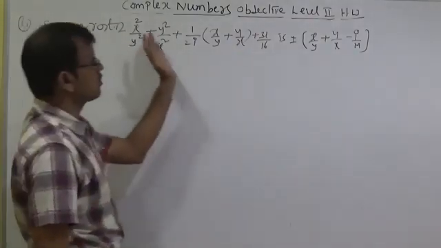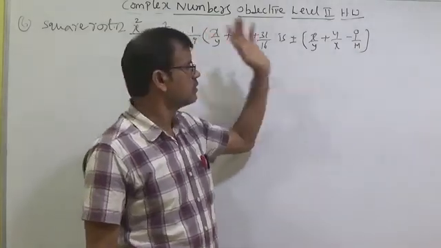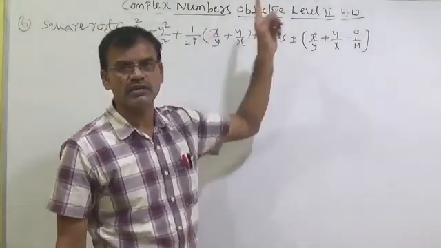So whenever this square root is this one, this square is this one. So we should calculate this square and compare the parts on both sides.